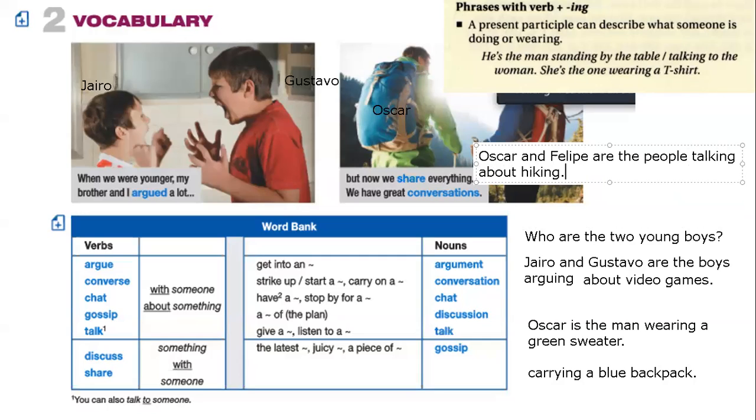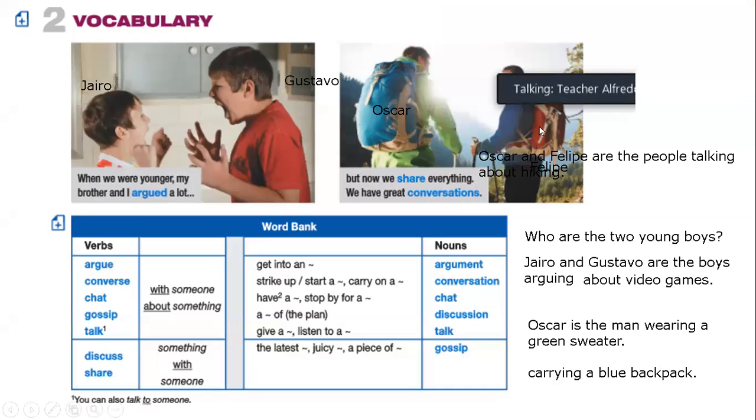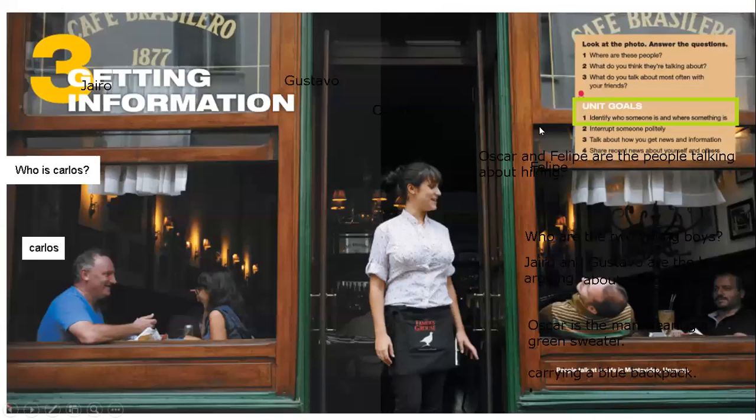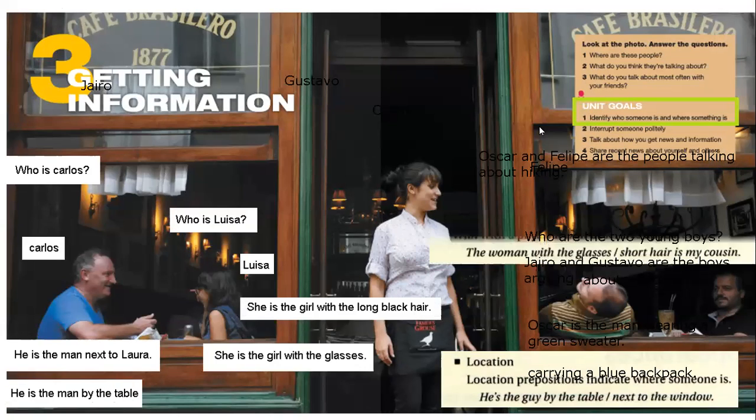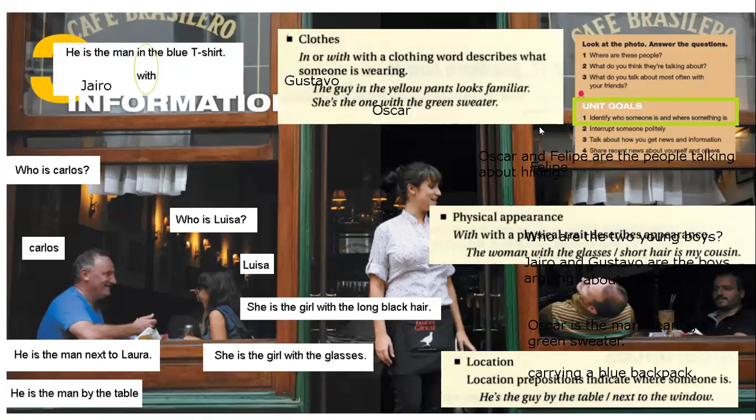Bien, entonces, para hacer un resumen, if you want to identify who someone is, where someone is, or what someone is doing, you have to use those, I would say, theories. For example, if I go back to the PowerPoint presentation, the one I shared with you before, you're going to notice that you can talk about location, you can talk about physical appearance or clothes.